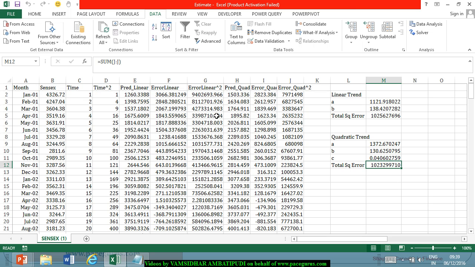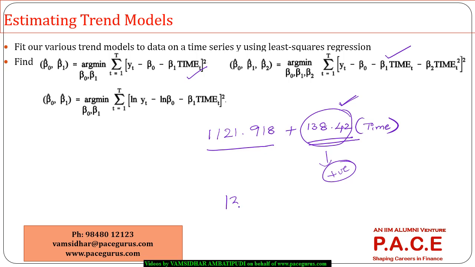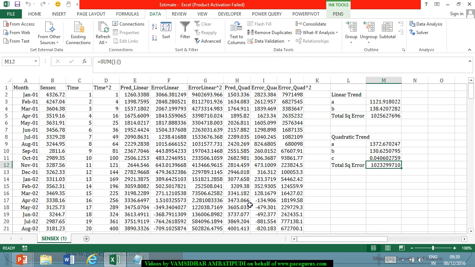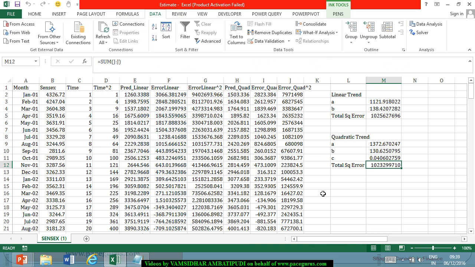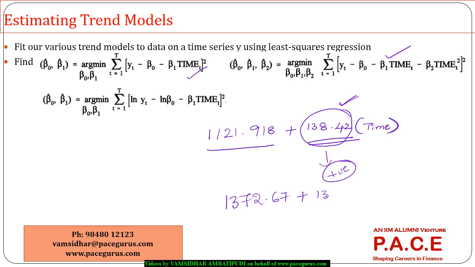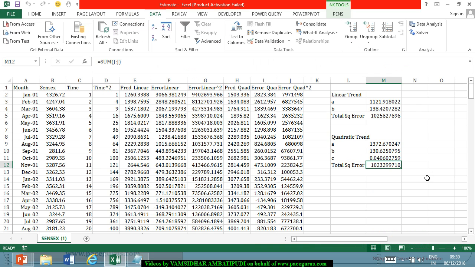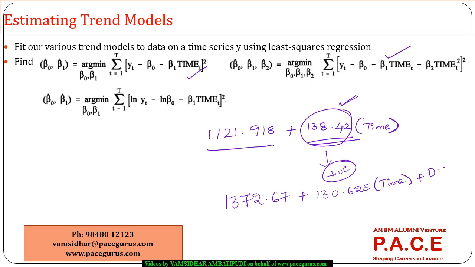And in this we got the expression like this. If I am fitting a quadratic model, it is like 1372.67 plus 130.625 times time plus 0.04 times time squared.